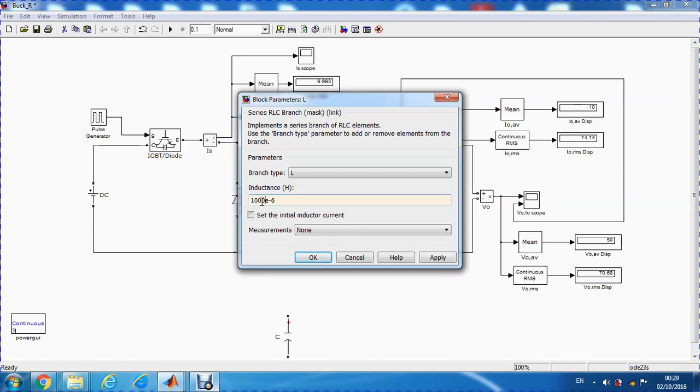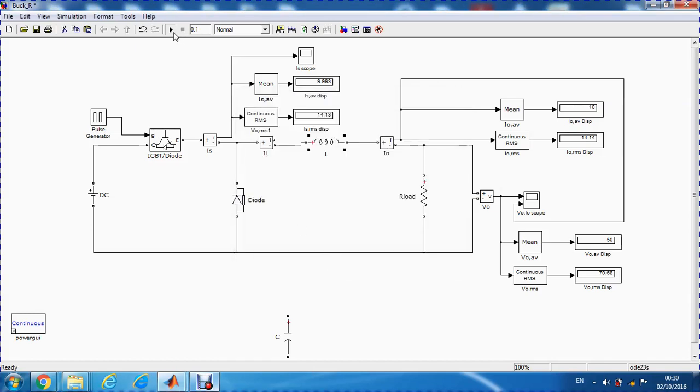Let's see if we put one digit over here, and I will keep the same value for the duty cycle, and the switching frequency is the same. We will run the simulation again and see the effect.